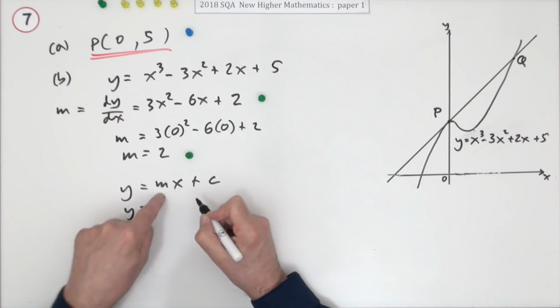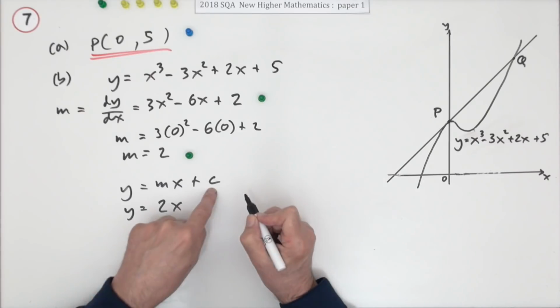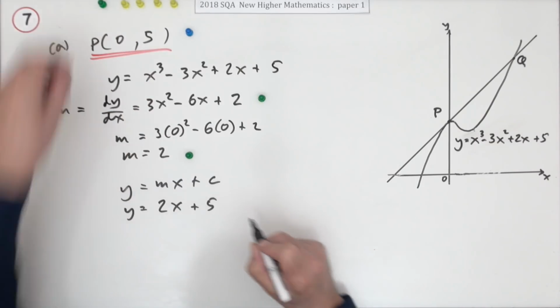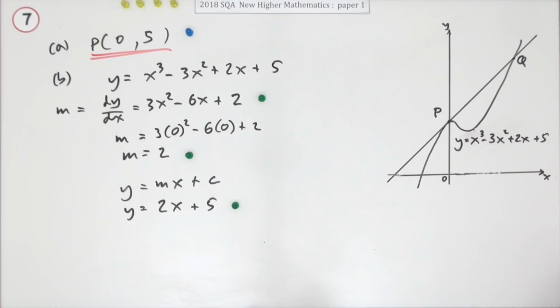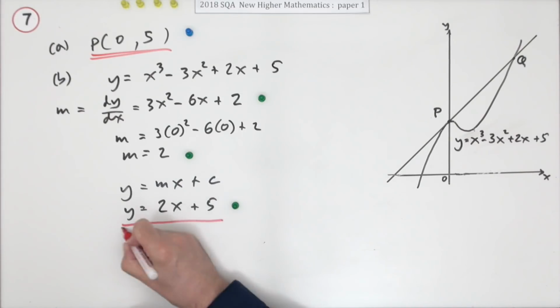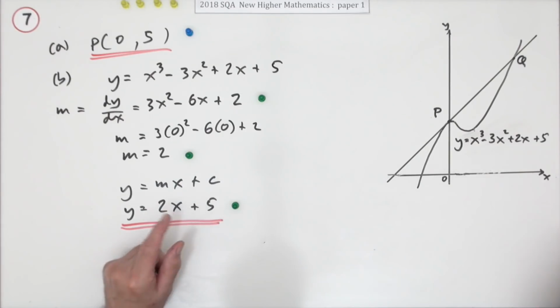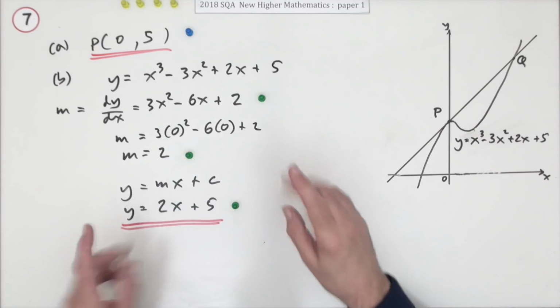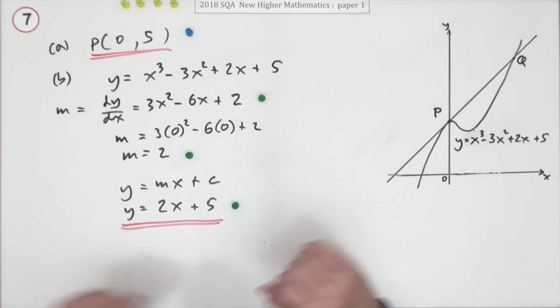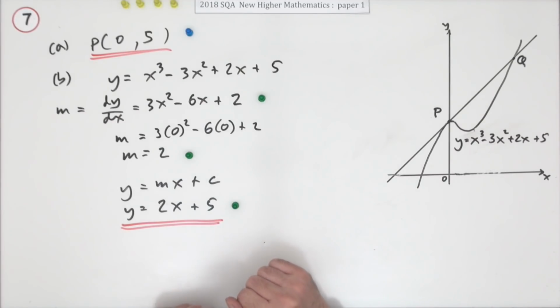So y equals, the gradient was 2, and it cut at 5. There's the last mark. You can do y minus b equals m(x minus a) if you like, and it will give you exactly the same answer. And of course you can rearrange that into any form you like: y minus 2x equals 5, or put them all over to one side, it makes no difference.